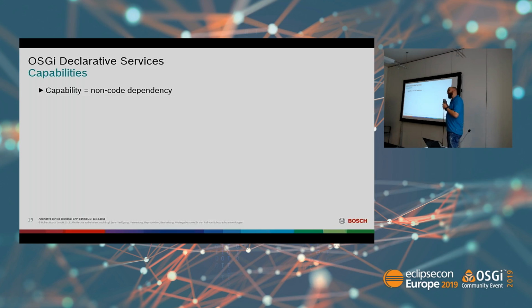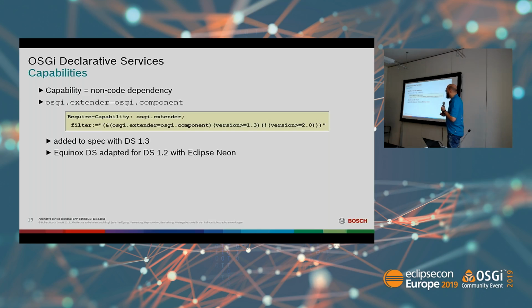With capabilities, you're also able to create dependencies on a functional level. So it's a non-code dependency, and for the OSGi Extender, it means we require the capability of the service component runtime with this small snippet. Why do we need this?